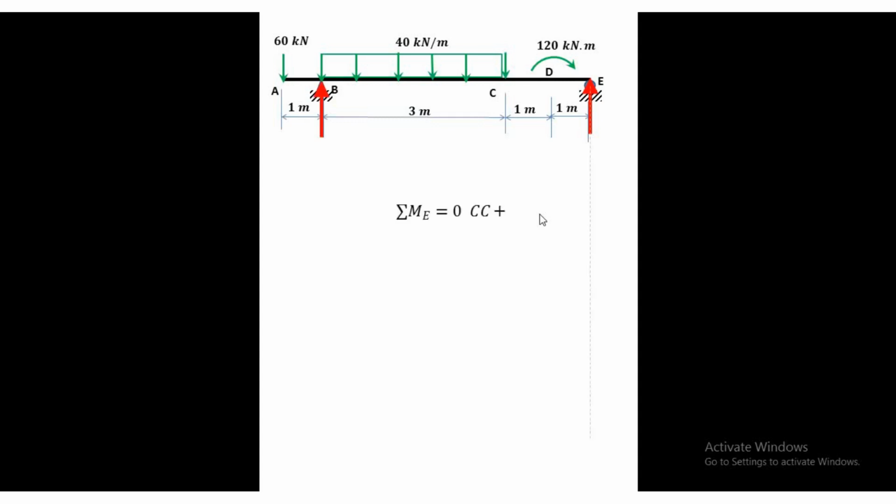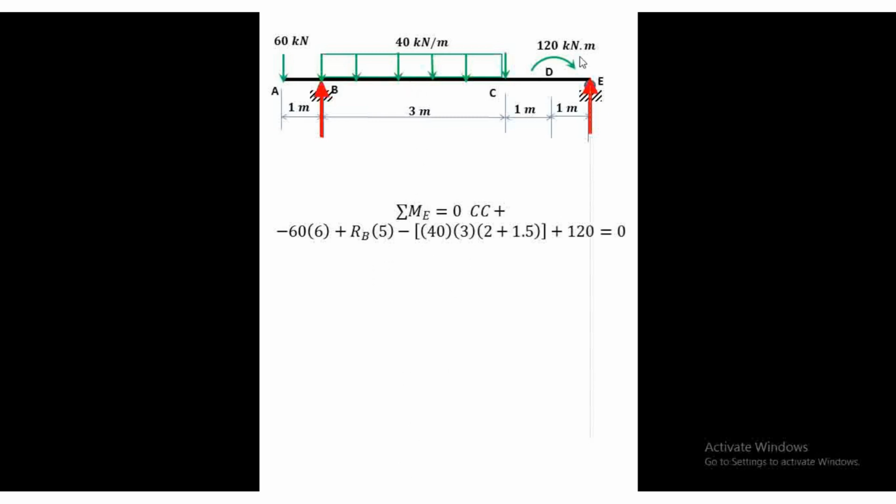So, if I take summation of moments at point E, clockwise positive. Itong si 60, pag nag-moment at point E, clockwise yun, kaya negative. And the distance of 60 to point E is 6 meters. RB, kapag nag-moment kay point E, ay clockwise, kaya positive. Distance ni RB hanggang kay E is 5 meters.